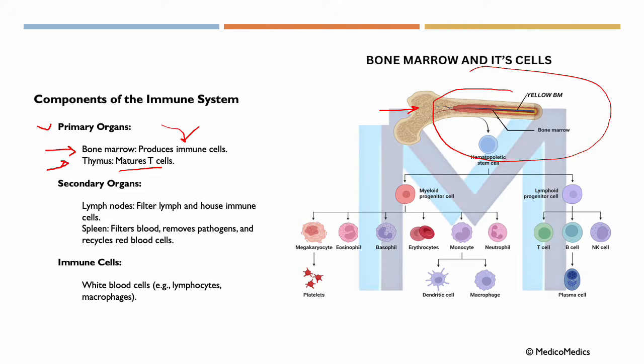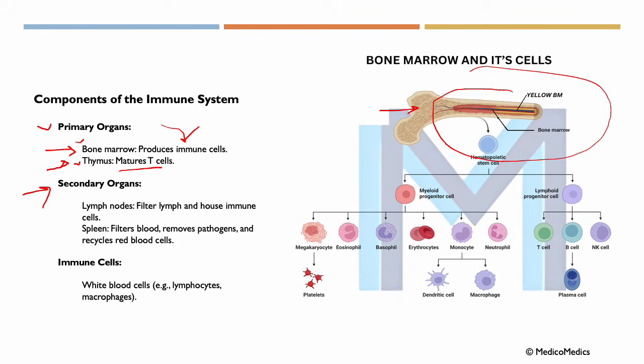And it extends from the lower parts of your neck, so above the manubrium, and down to the level of the fourth costal cartilage. And it's largest during childhood, and then gradually it shrinks with age. So important primary organs: bone marrow and thymus.